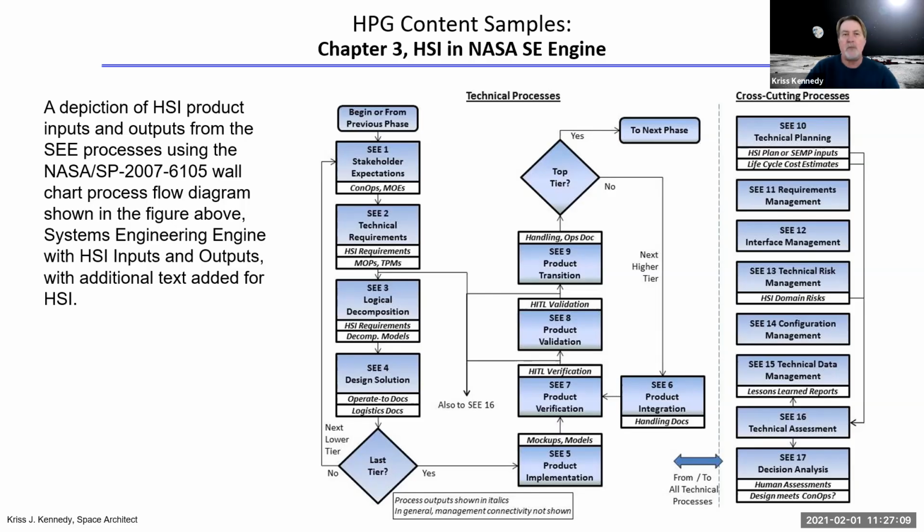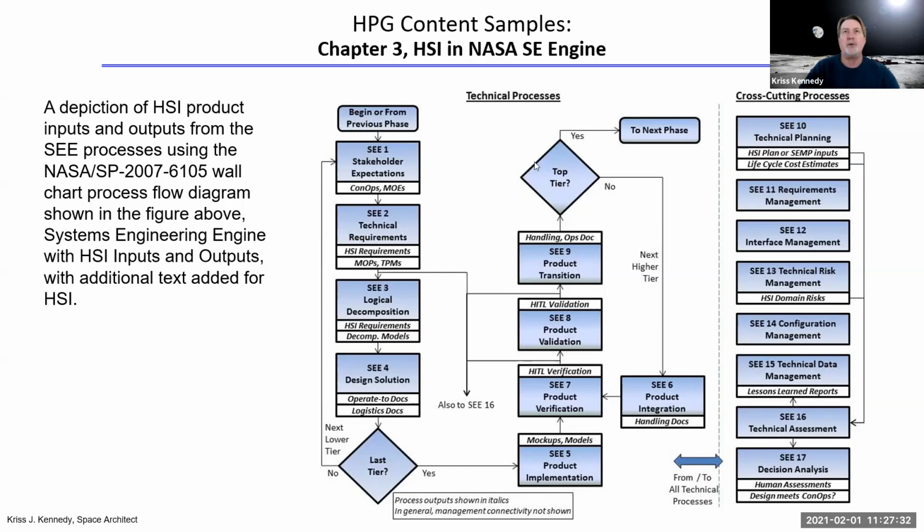engine. A depiction of HSI product inputs and outputs from the systems engineering process using the NASA SP-2007-6105 wall chart process flow diagram shows the figure here, the systems engineering engine with HSI inputs and outputs.